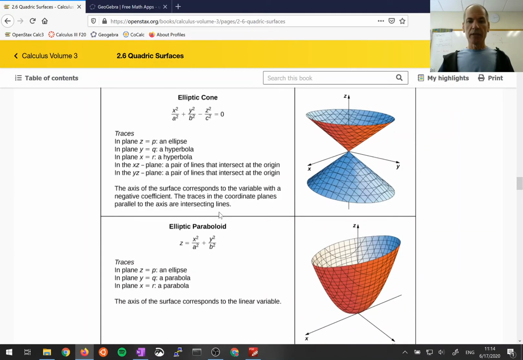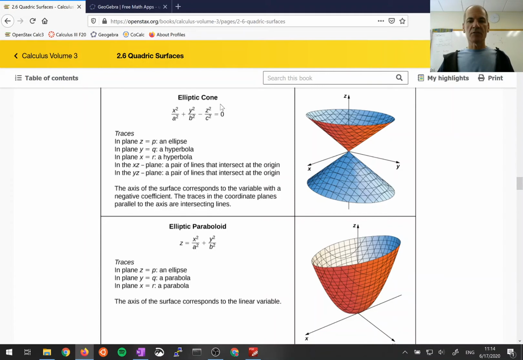Continuing, if we look at these two, how do they compare? Instead of having z squared, you could imagine taking this and moving the z squared over to the right-hand side. And you'd have an x squared term plus a y squared term equals a z squared term.